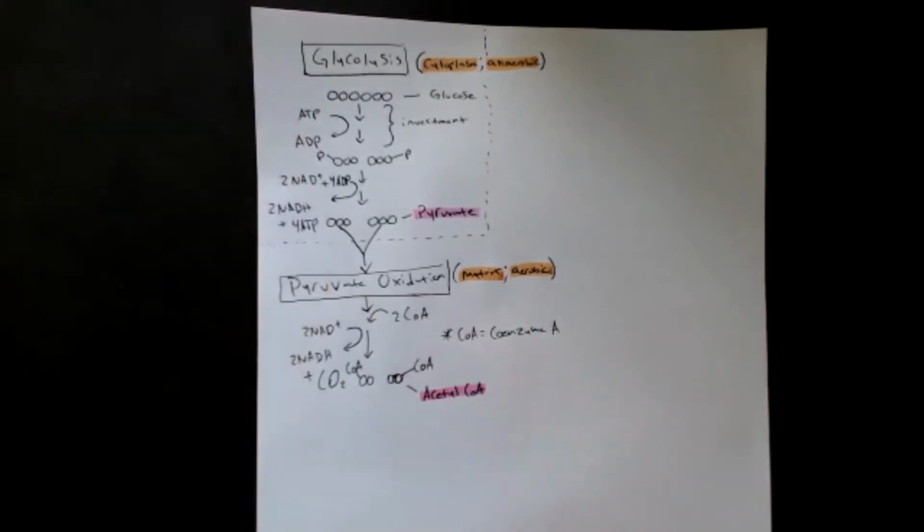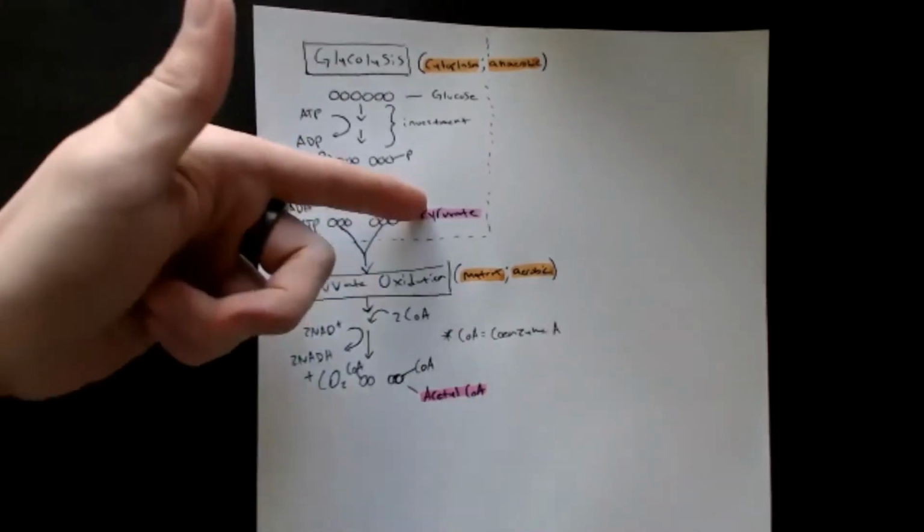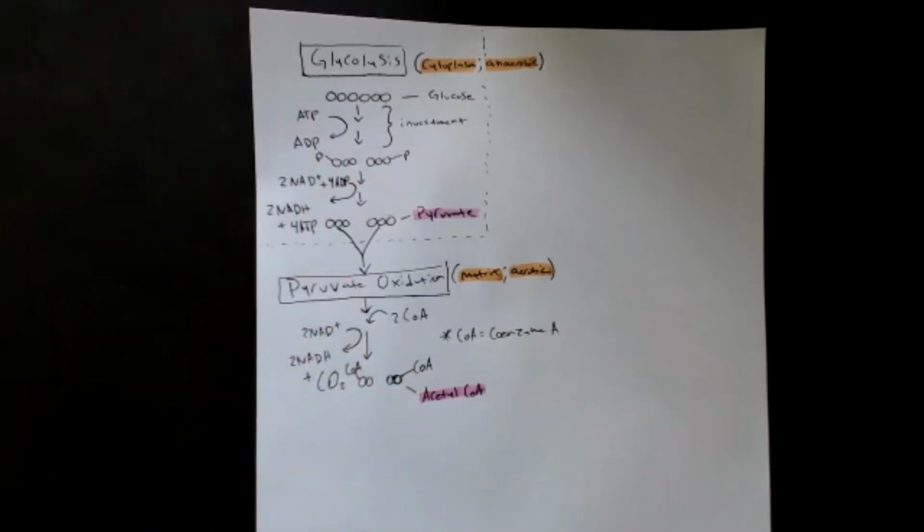And the product that's moving on is your acetyl-CoA. So pyruvate is moving on, acetyl-CoA is going to be moving on.